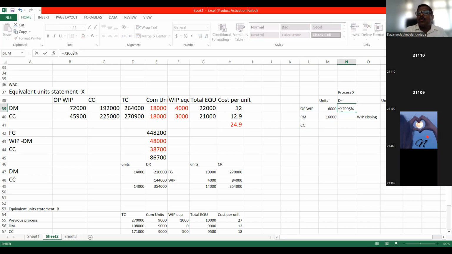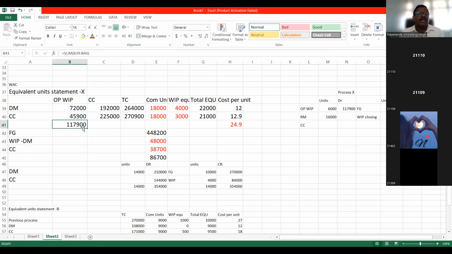That is the opening value. Then you can check the answer by getting the total of these two.